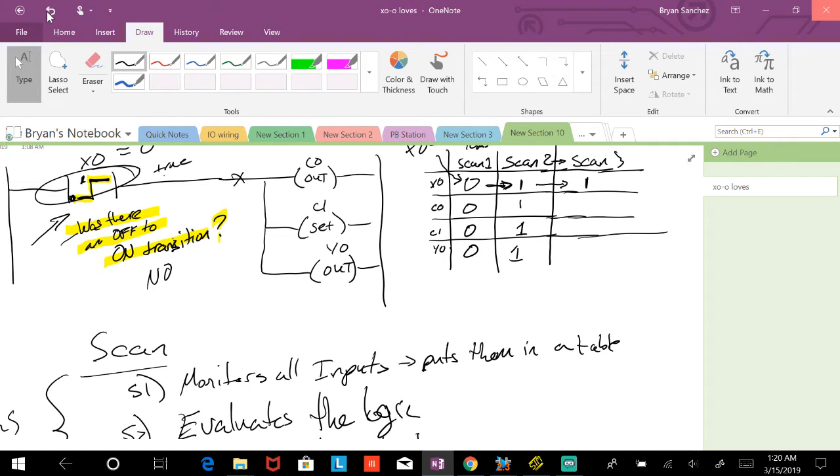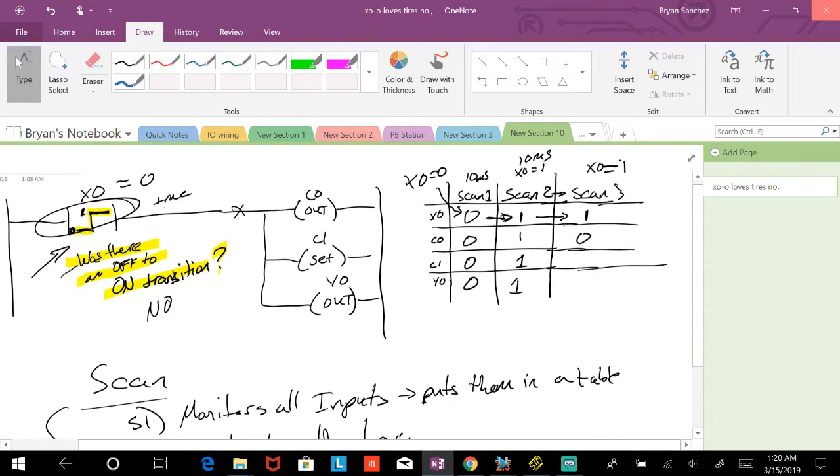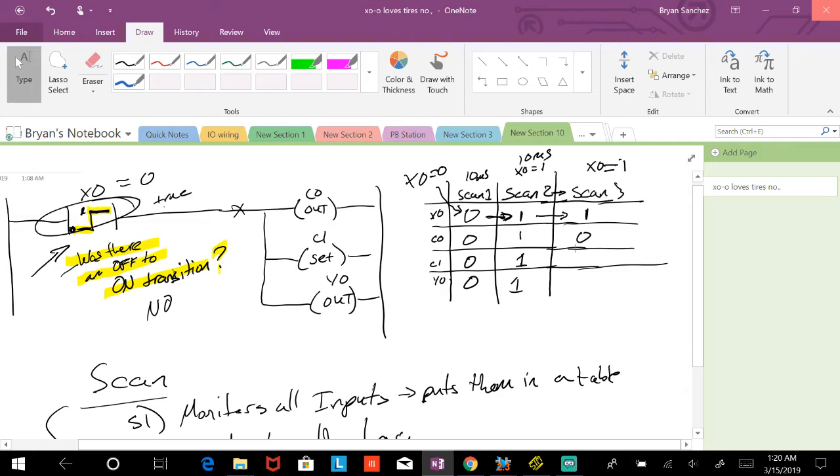Now, since that is not true, C0 turns off. So it was on for like 10 milliseconds. That's so small, a period of time that we cannot even see on the screen. On the PLC, we can't see it. C1, since it's a set, keeps being on. It's not being turned on, it just keeps being on from the previous scan. Y0 equals 0, because this is no longer true.